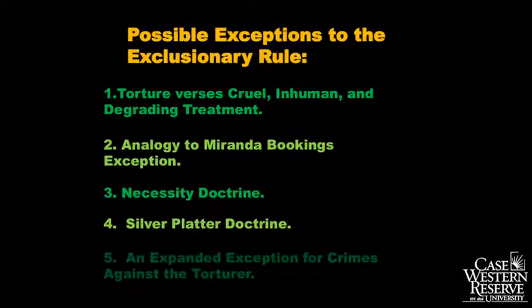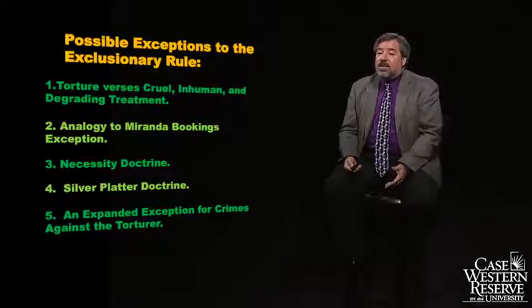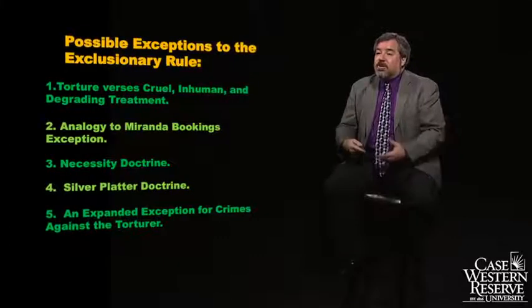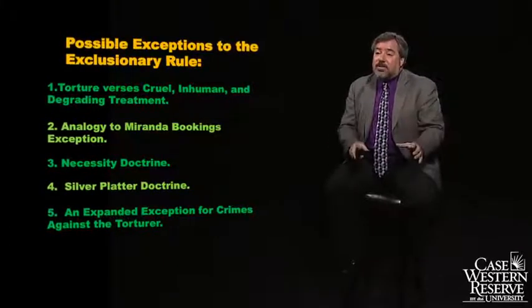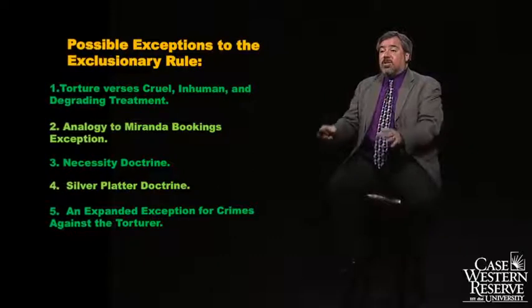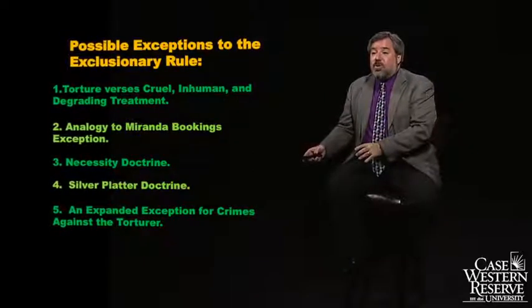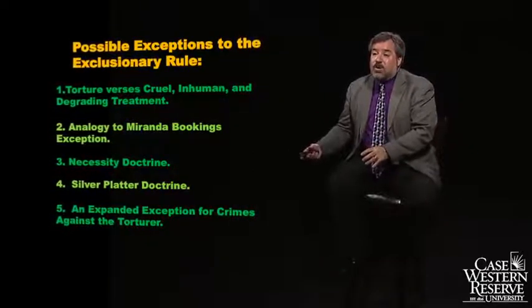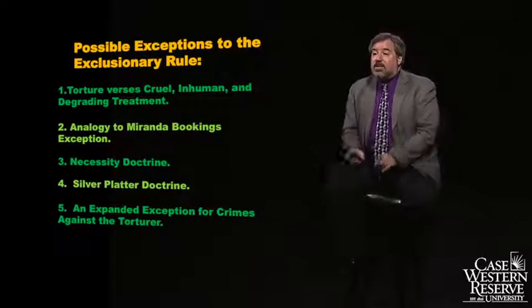So finally, should there be an expanded exception for crimes against the torturer? This goes to the question of whether the torture evidence exclusionary rule's exception, for using evidence to prove that the torture occurred in a case against the torturer, should be expanded more broadly. Now let's look at this very carefully. The exception was there so that if somebody committed an act of torture and the only evidence that they were the torturer was the actual documents that came from the torture, that shouldn't be excluded.